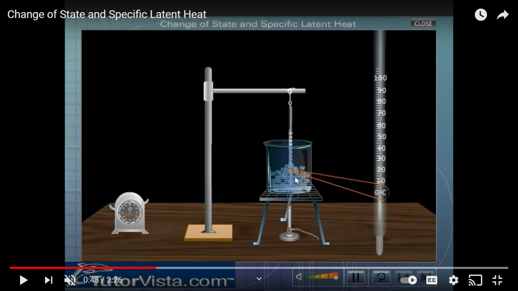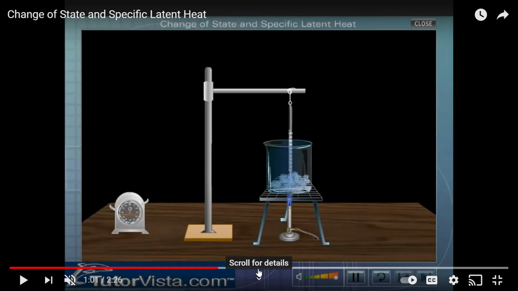And now because the bond has been broken, the molecules are far apart, and now the ice has been converted into water.